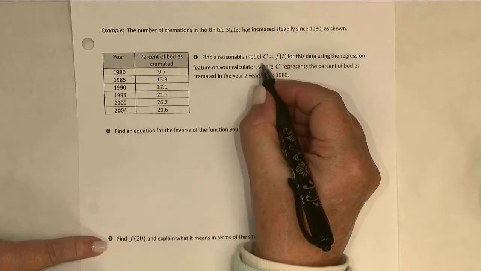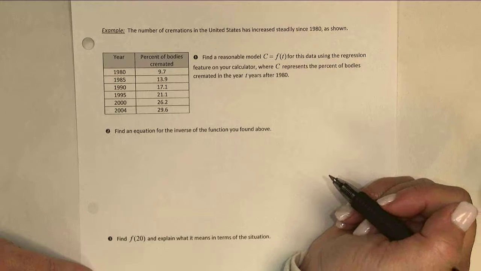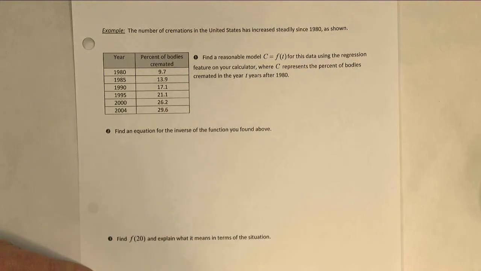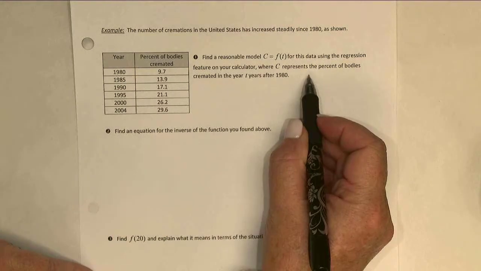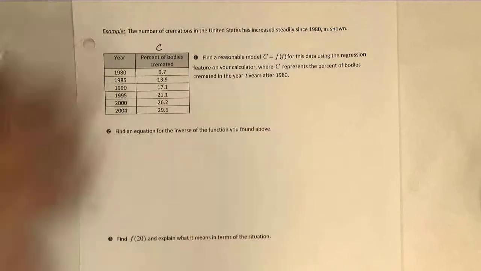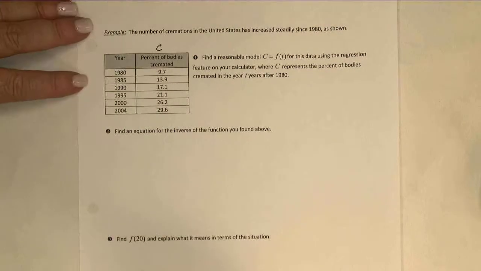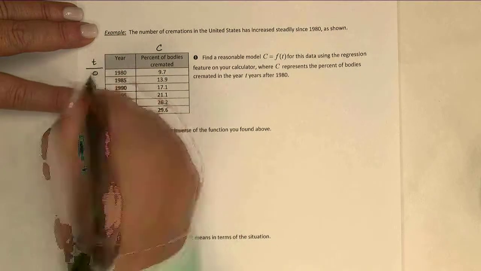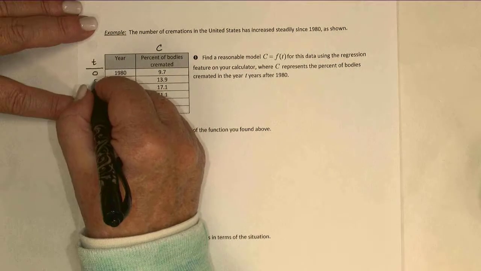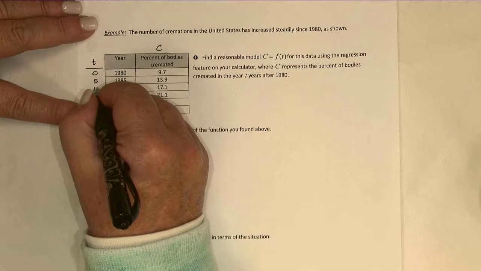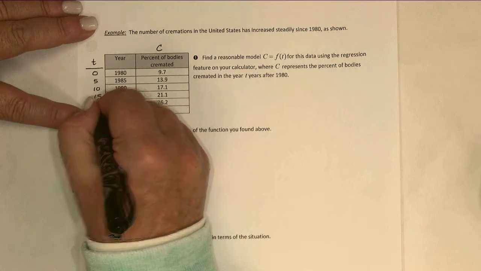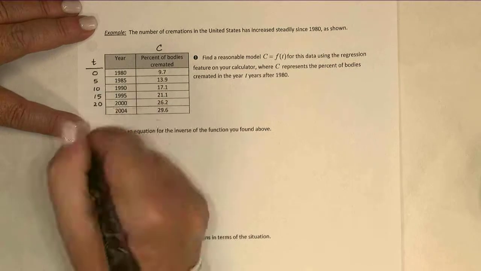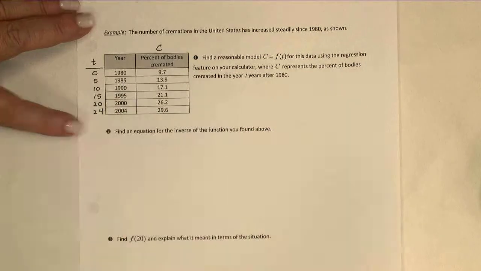I'd like to find a reasonable model for this data using the regression feature of the calculator. C is the percent of bodies cremated, and T is years after 1980. So my T values here, 1980 is 0. That would be 5 years later, and then 10, 15, 20, and 24 years later.